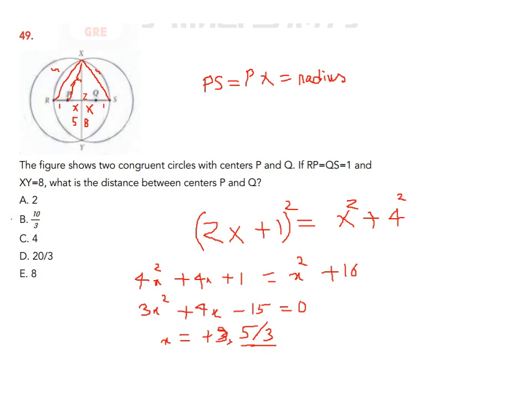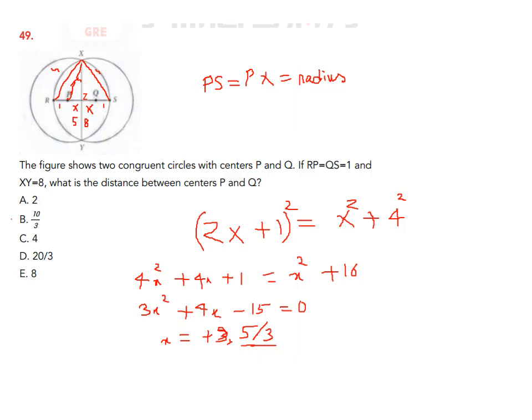So the PQ is basically 2x. Now notice that XY is 8. So half of the XY, that would equal Rx is 4 because 8 by 2 equal to 4.